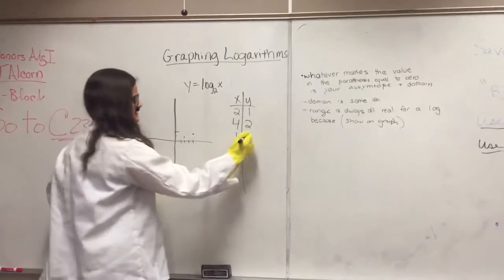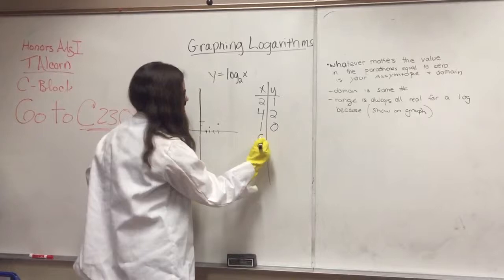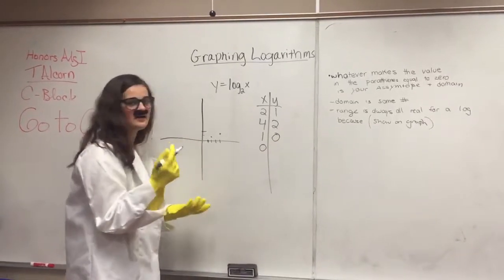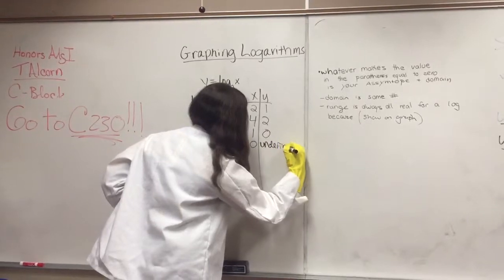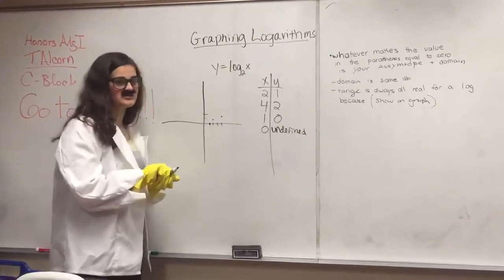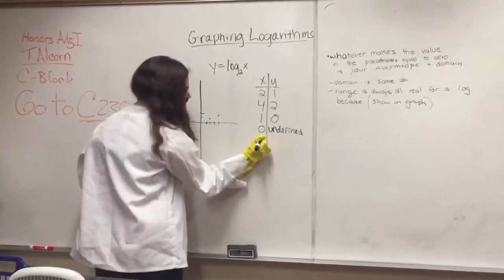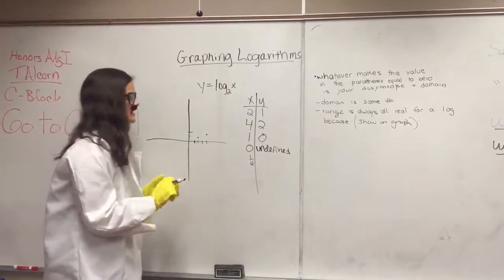Log 2 of 1 is 0. Let's try 0. Log 2 of 0 is nothing, so we have to write undefined. However, we can do fractions. Let's try 1/2. Log 2 of 1/2 is -1.